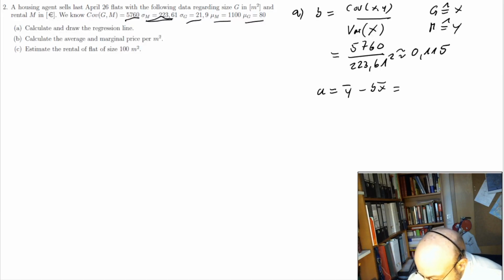And we just insert: Y bar is 1100 minus B, 0.115 times 80.